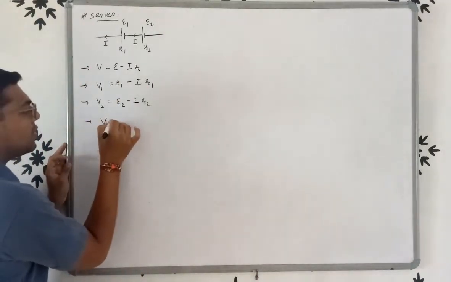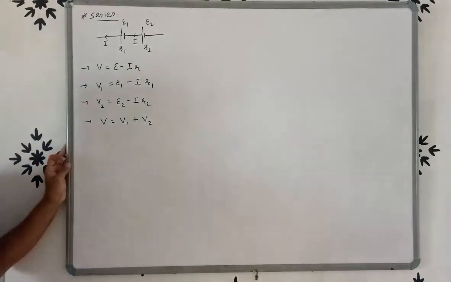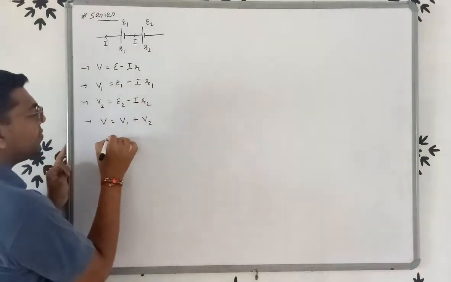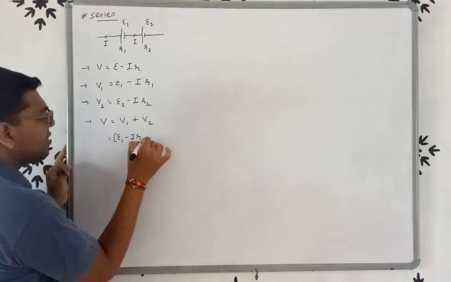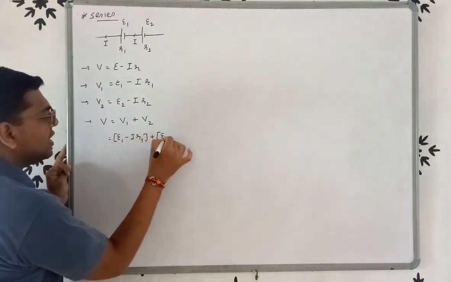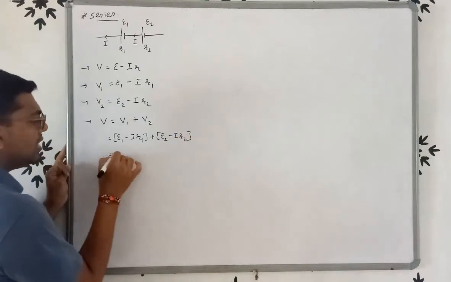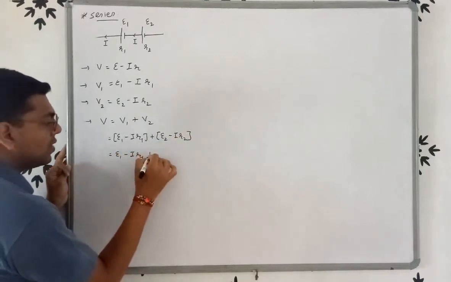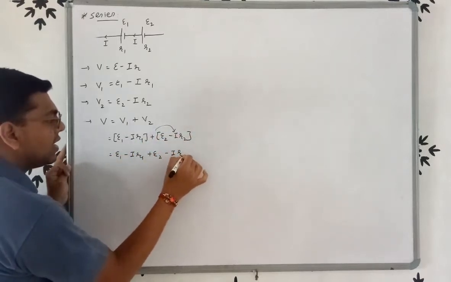So total potential V is equal to V1 plus V2. Right? Now we know the values of V1 and V2. So V1 is in brackets E1 minus IR1 plus V2, which is E2 minus IR2. So here E1 minus IR1 as it is, plus E2 minus IR2.